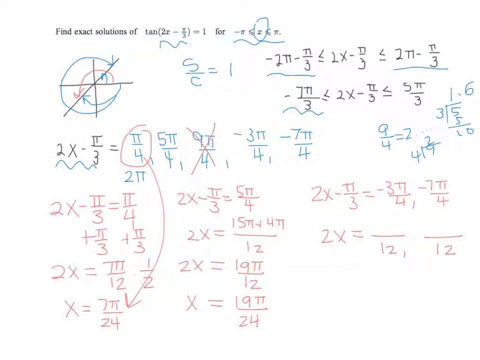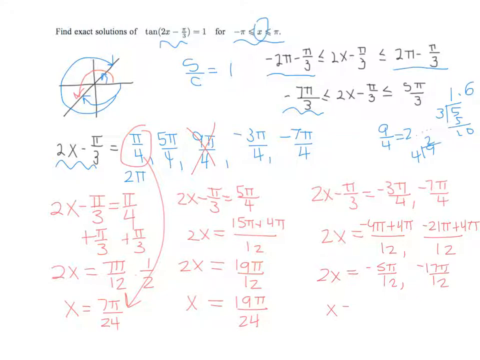So the first one will be multiplying by 3, so that becomes negative 9 pi plus 4 pi. And then the second one will become negative 21 pi plus 4 pi. So we can simplify that as negative 5 pi over 12 and then negative 17 pi over 12.